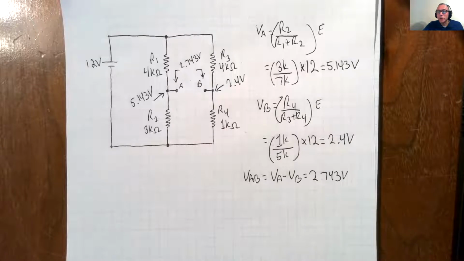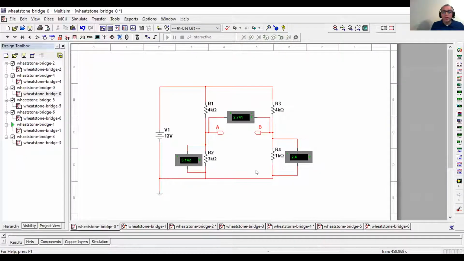So if we go back to Multisim, we have 2.741 volts. So we carry our decimal places, and Multisim has a little bit of inaccuracy built into it. But that is how we calculate it, okay? So that part there is very simple. It's simple voltage divider formula, and that gets us there.